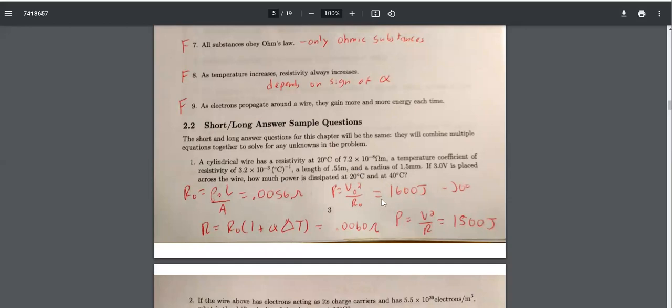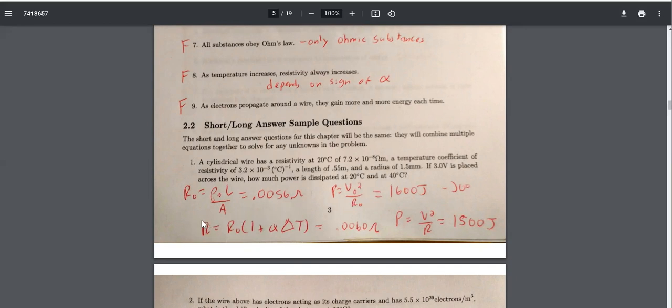So we can calculate all of these quantities at some temperature. So here this question asks us to do it at 20 degrees Celsius. And then we can find all of the same quantities at a larger temperature by using the fact that resistance and resistivity, both of them have the same form of temperature dependence, obey this equation.